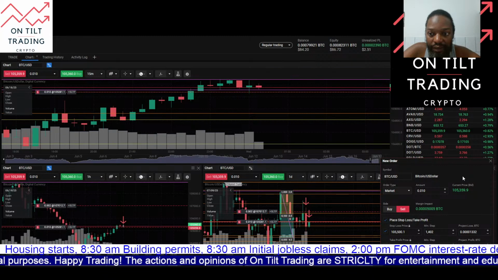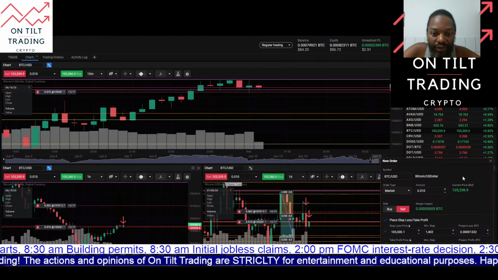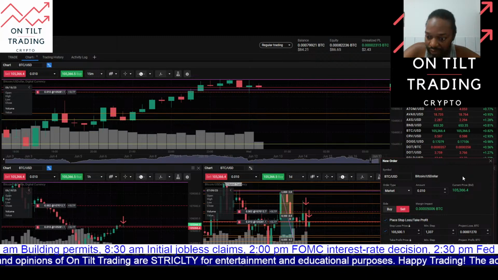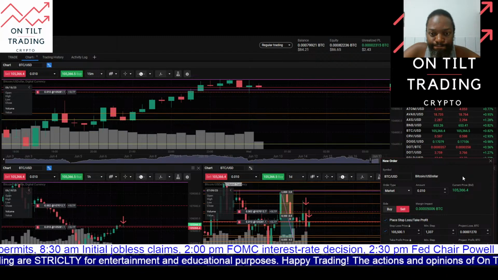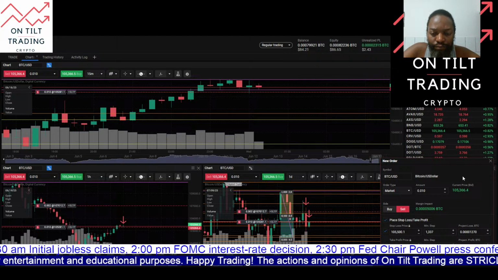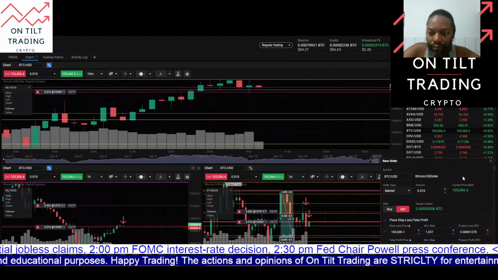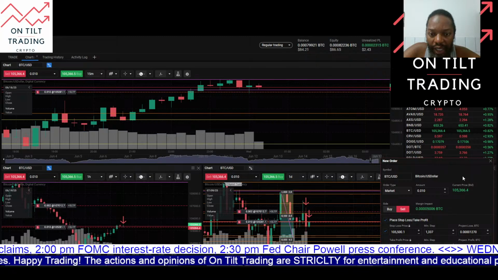Price consolidating, but showing some weakness in this candle, or at least so far in this candle. A little over halfway into this candle.